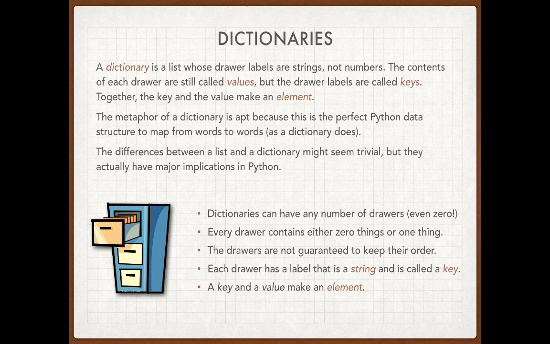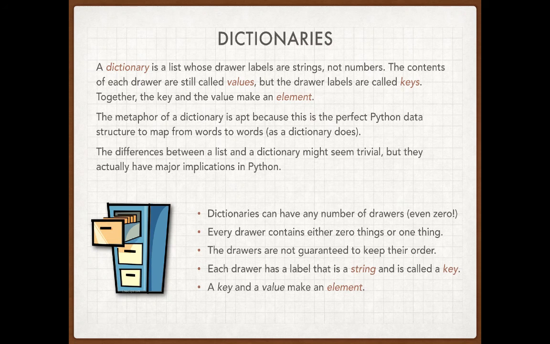And I think that name is appropriate because it's a way that we can think about mapping words to other words. And that's what a dictionary does, right? We look up a word like, I don't know, banana, and then the dictionary will tell us with other words what that thing means. So a dictionary is an appropriate model for this sort of data structure.